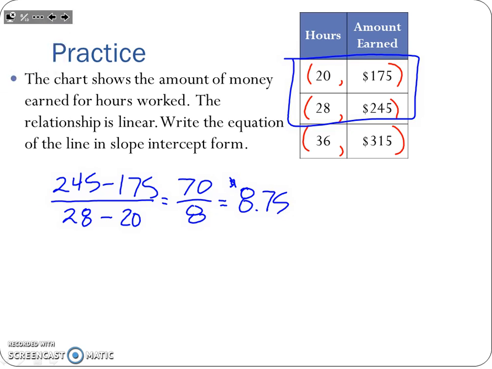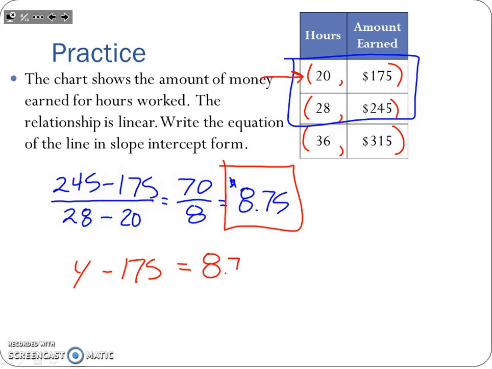So we've got our slope here. This is going to be our slope. Pick one of the points. It doesn't matter which one. I'll go ahead and pick this first one here. I'm going to go y minus y sub 1, which will be 175, equals my slope, which is 8.75, times x minus 20.